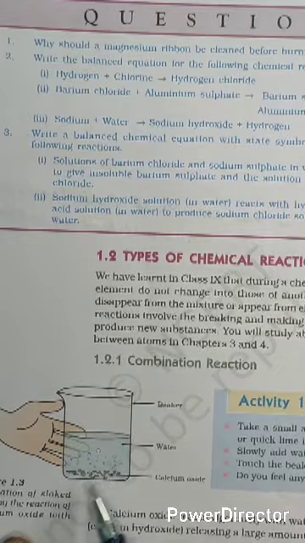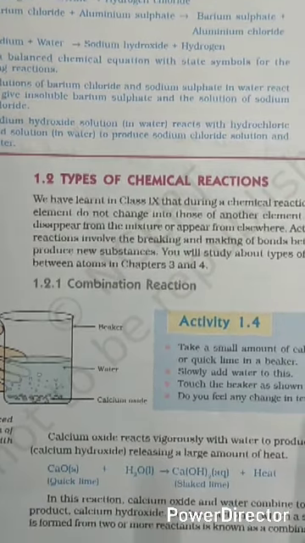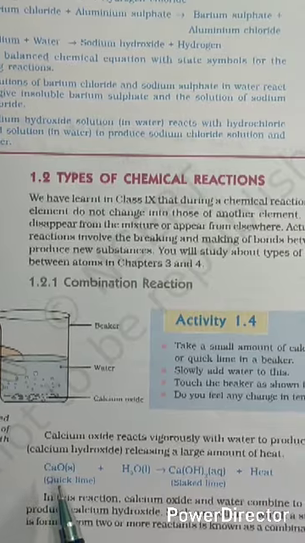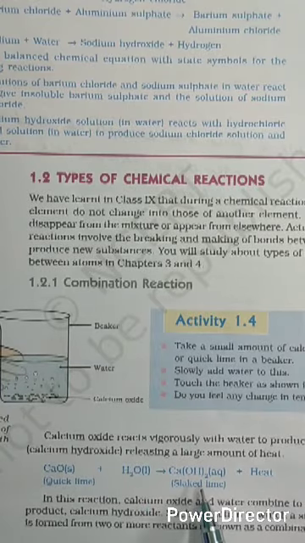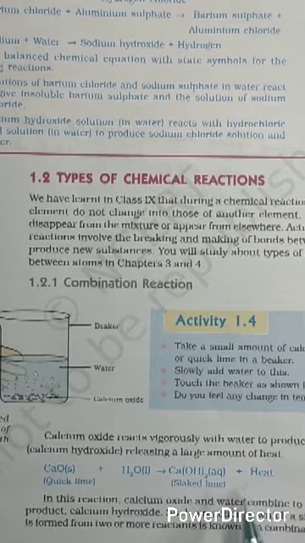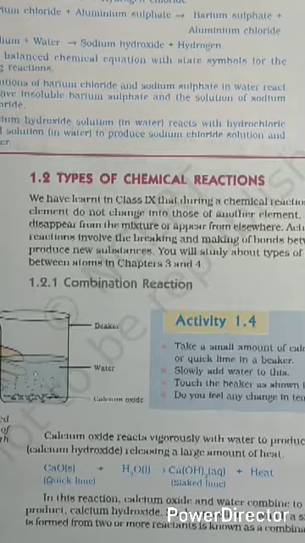Okay, so definitely a chemical reaction will happen whenever we add water to calcium oxide. So the reaction is given here. You see, calcium oxide reacts with water to produce calcium hydroxide along with evolution of heat, and this calcium hydroxide is called slaked lime.